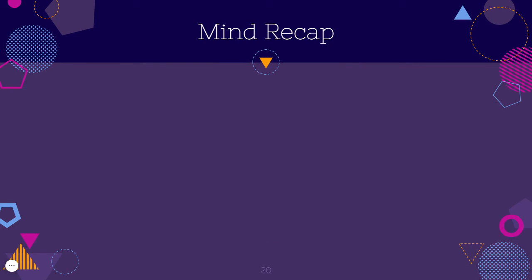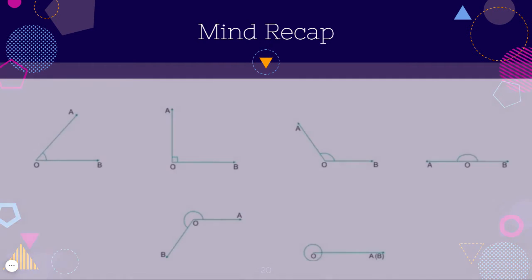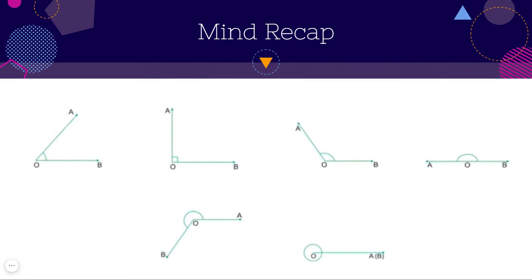Let's go ahead and let us now recap all of the angles that we just saw. Let us try to think and watch each and every angle and think what it will be. Let's now guess it together. The first one is going to be an acute angle. The second one is a right angle.